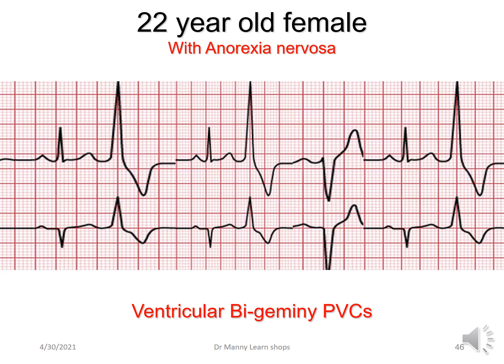This is ventricular bigeminy PVCs. Have a look. Normal beat, abnormal beat. Normal beat, abnormal beat. But some of the PVCs are multifocal as well. Some are negative and some are positive. But she's having PVCs. That's the important thing. Ventricular bigeminy PVCs. You can just say premature ventricular complexes.